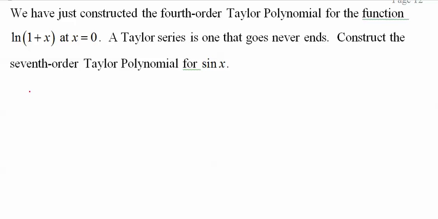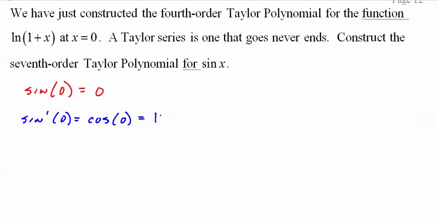So, sine of 0 equals 0. The derivative, cosine of 0, equals 1. The derivative, negative sine, I gotta write it all out: sine double prime of 0 equals negative sine of 0 equals 0.